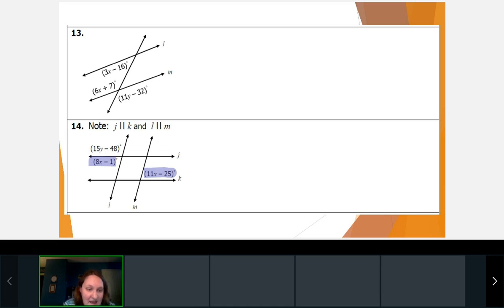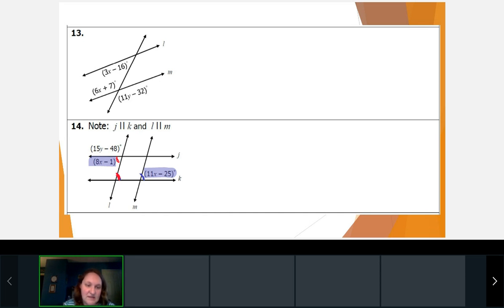So that means that this angle has to be congruent to this one because of corresponding angles. And I know that this angle has to be congruent to this one because of alternate interior angles. So even though the 11x minus 25 and the 8x minus 1 don't have a relationship to each other, they both can relate to this angle here, and that transitive property is going to be my friend.